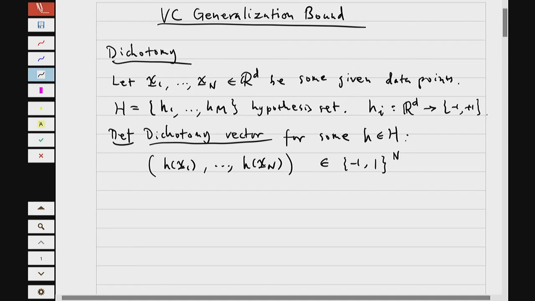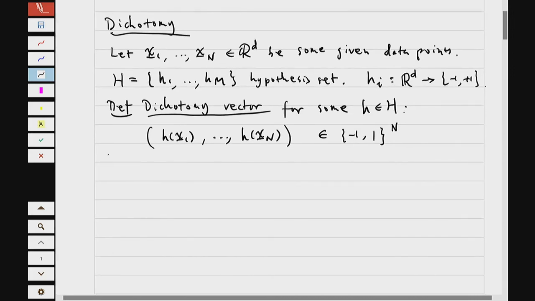So this basically represents the characteristic of the hypothesis. Later we're going to say that if two hypotheses give me the same binary vector, then I can view these two hypotheses as the same. If we put these dichotomy vectors together into a set, there are m different vectors, each vector corresponding to one hypothesis.